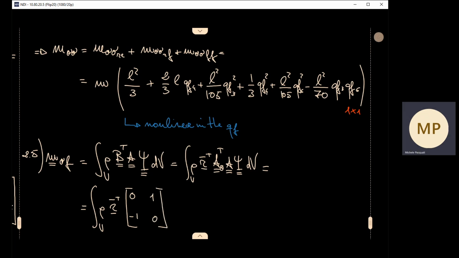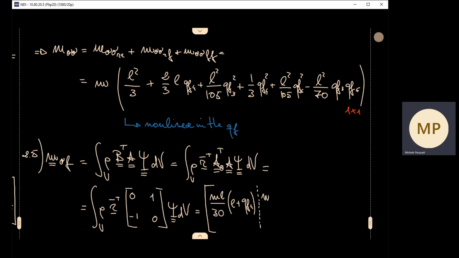This is basically what you get when you apply A theta transposed over A times psi in the V. So if you do this, you get the following. M L over 30, L plus QF4, and this is the first column.